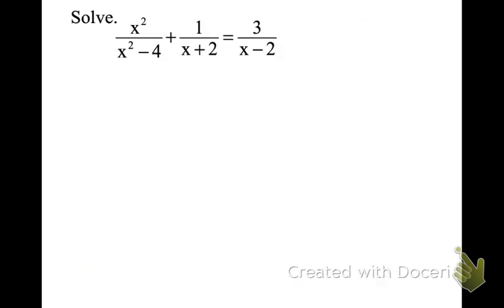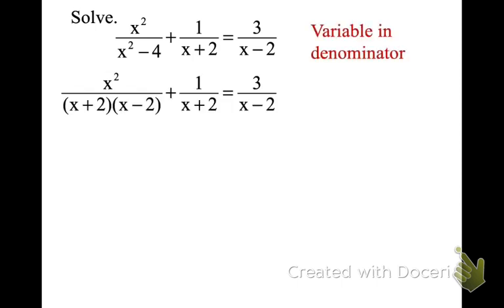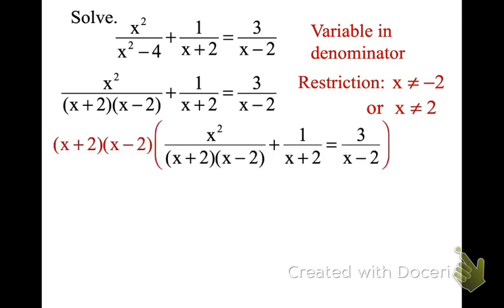All right, remember we have to factor first. X plus 2, x minus 2 before we can figure out restrictions. So my restrictions: x can't equal -2 and x can't equal +2. My least common denominator will be x plus 2, x minus 2. When I distribute, for the first fraction, I'm just left with an x squared.